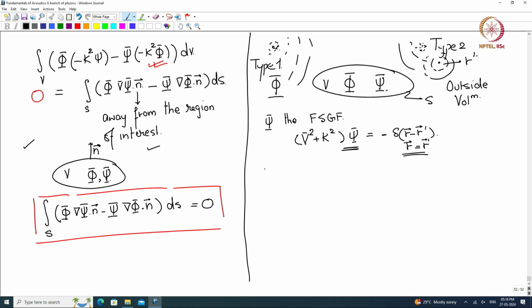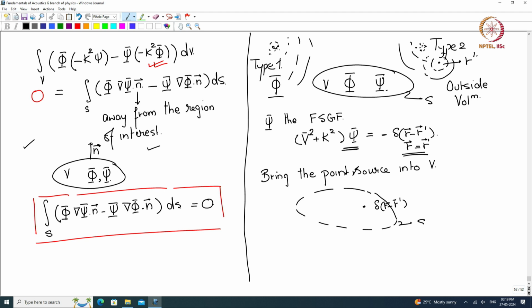Next, we bring the point source into the volume V. That means we now have a point source delta of r minus r dash. This is my surface S, this is my volume V. Still the type 1 sources are doing their bit, sending in the solution phi.